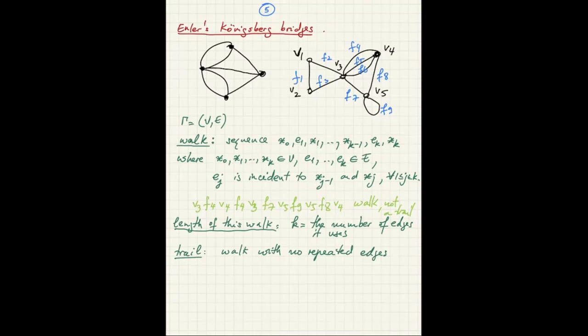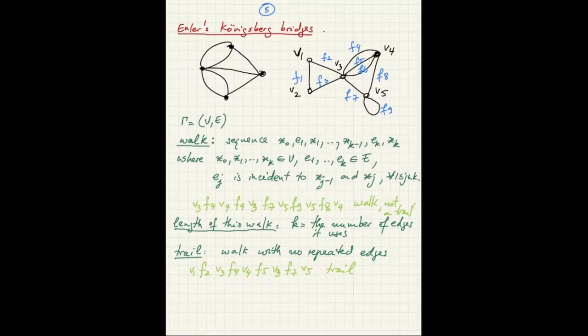So for example, if I do V1, F2, V3, F4, V4, now I use a different edge. I use F5, I go back to V3, and then I go to F7 to V5. This is a trail, because in the list of edges, I don't use an edge twice, okay?